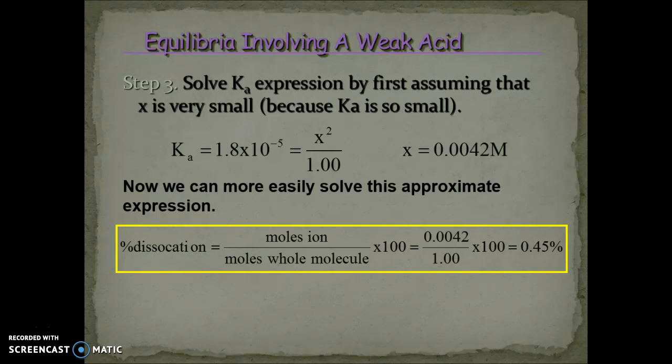We've got moles of the ion, which is 0.0042, divided by the whole molecule. So we wind up with percent dissociation of 0.45. That's much less than 5%, so we are safe in taking that minus x away. The number that you got by solving this without simplifying it and using your solve function should have given you pretty much the same value.